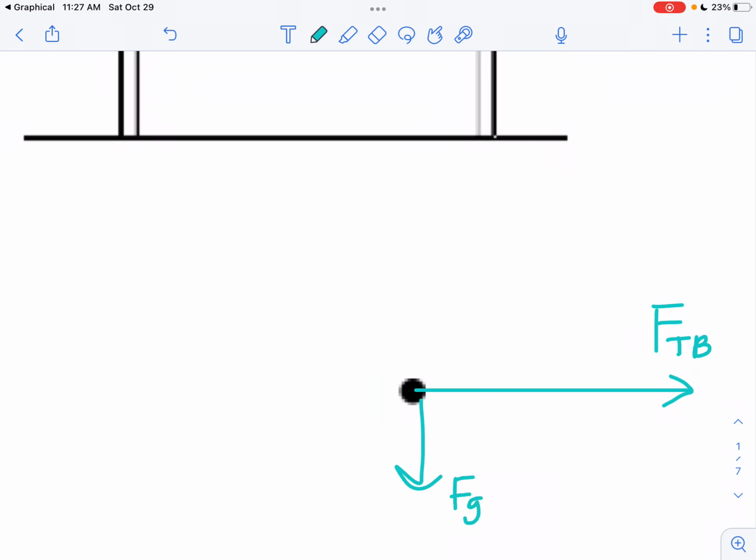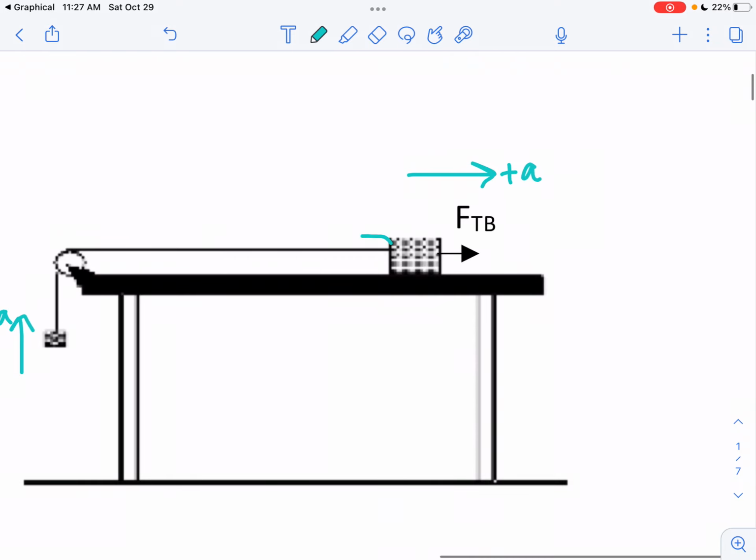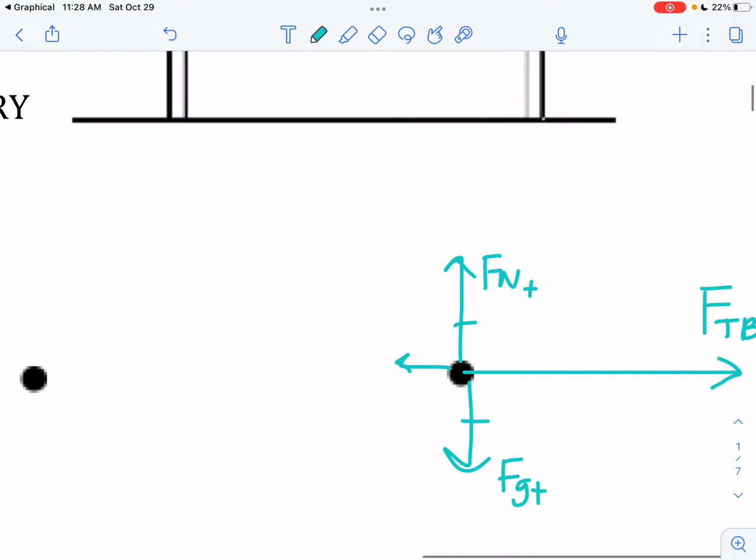I'm going to draw a force of gravity of the table mass, normal force of the table mass on the table mass. Then I'm going to draw on a force of tension because there's a string right here that it's connected to. But then I also was told that there has to be some sort of force of friction between the tables, so I'm going to call that force of friction kinetic.